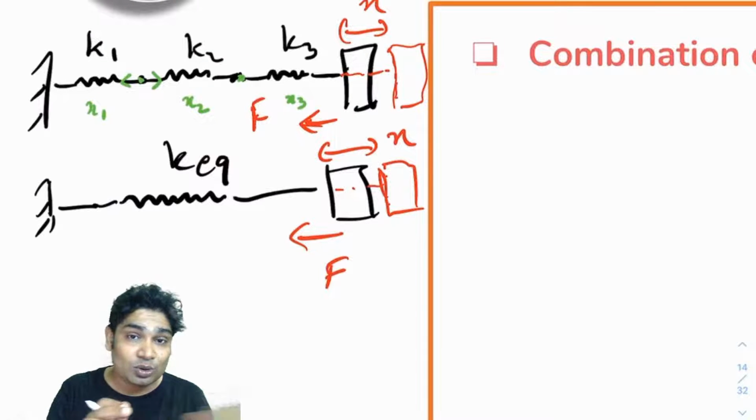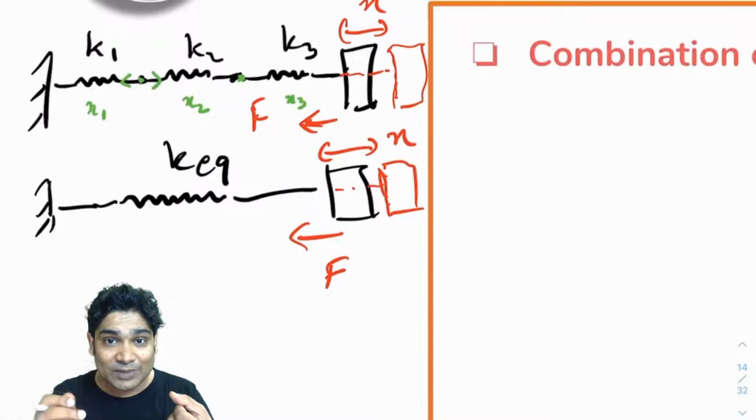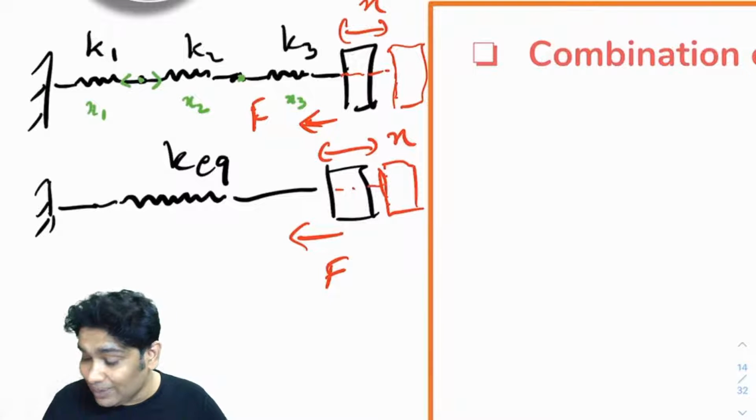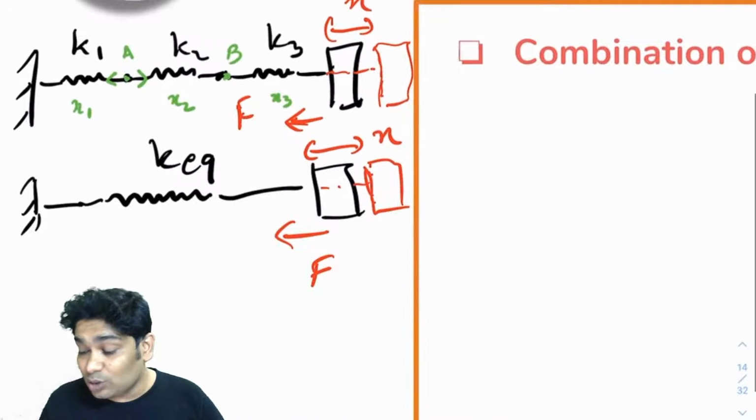The spring force due to the spring on the left, pulling it towards left, should be equal to the spring force due to the spring on the right, pulling it towards right. Let's name these points A and B.